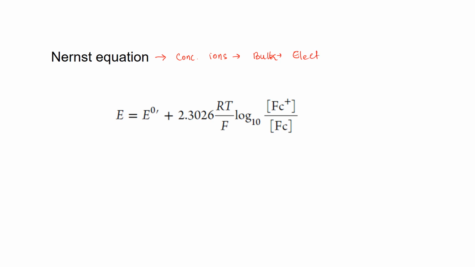In the electrolyte, how the concentration of ions varies as a function of the potential. So this is the Nernst equation. This is the applied voltage. This is the redox potential of the material.